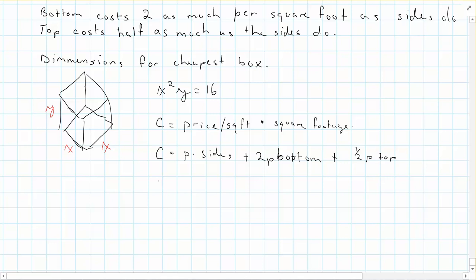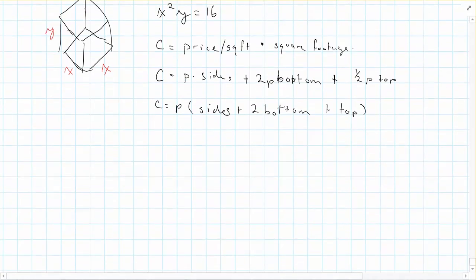Well, what you can do here is you can see, hey, I could factor a p out, and so you'd have sides plus 2 times the bottom plus the top. So you could just divide by the price then, and you'd have cost per price, but the point is, since you can factor that price out, we can just simply ignore it.